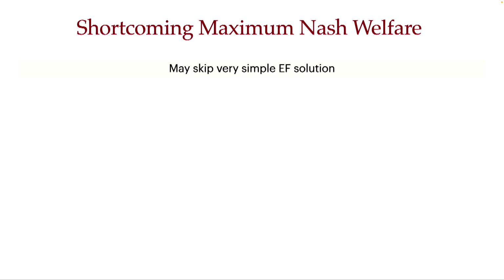It implies EF1 plus PO, but it does not imply EF, and you need to come up with an example for this. It is not just with 2-3 agents, 2 agents and few items you can come up with this, that is why I am leaving it as a tutorial.